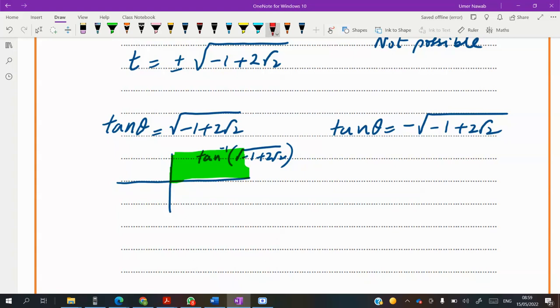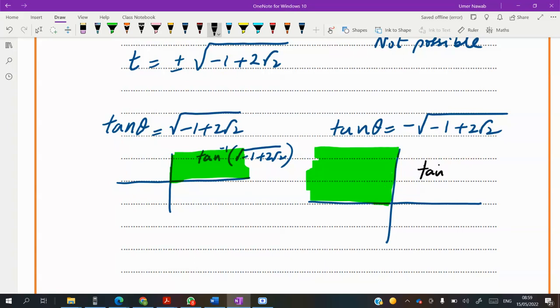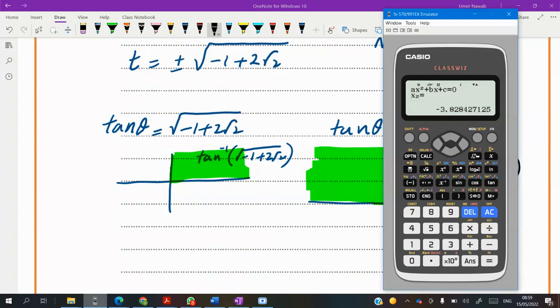And in the second case, since it is negative, I'm expecting my answer in the second quadrant and the fourth quadrant. Since the fourth quadrant is not given, I'm not going to take it. But the basic angle for this is again shift tan of square root of minus 1 plus 2 square root of 2. Let me get the basic angle.